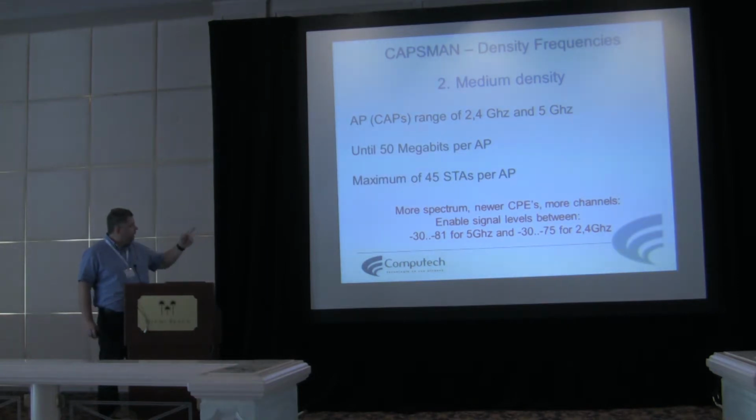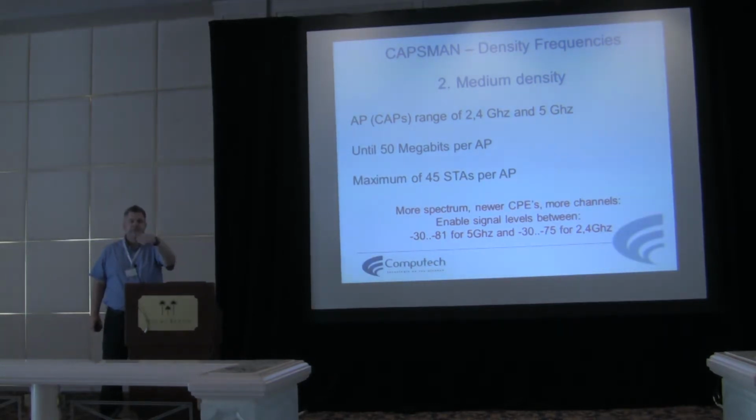The APs now are 2.4 and 5 gigahertz. Most CPE drivers have the capacity, when I have two networks, one in 2.4 and one in 5 gigahertz, to connect in 5 gigahertz.